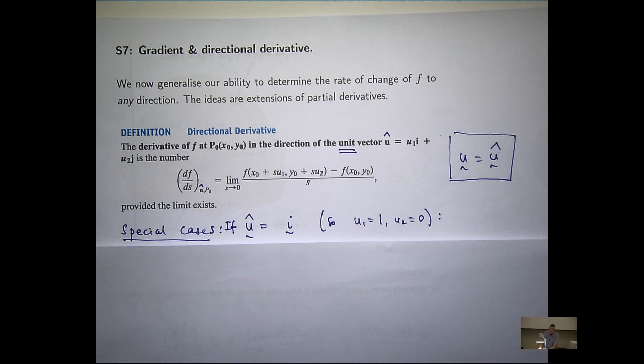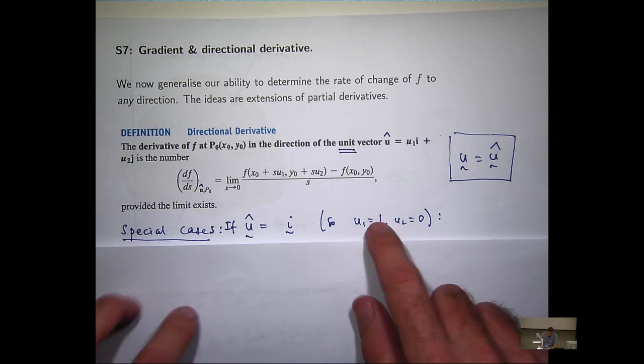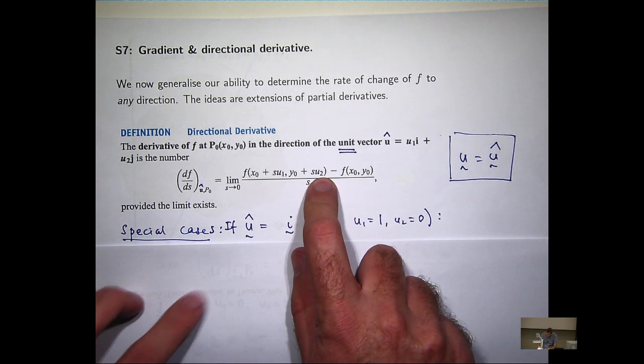That's a unit vector, and it's got a particular direction. Can anyone tell me what our directional derivative will be in the case when the unit vector is just the vector (1, 0)? What will the df ds at any point be? Well, all we have to do is put u1 equals 1 in there and u2 equals 0 in there.